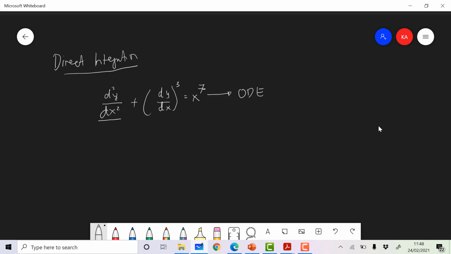This is an ordinary derivative and not a partial derivative, so we can use direct integration to solve these equations.